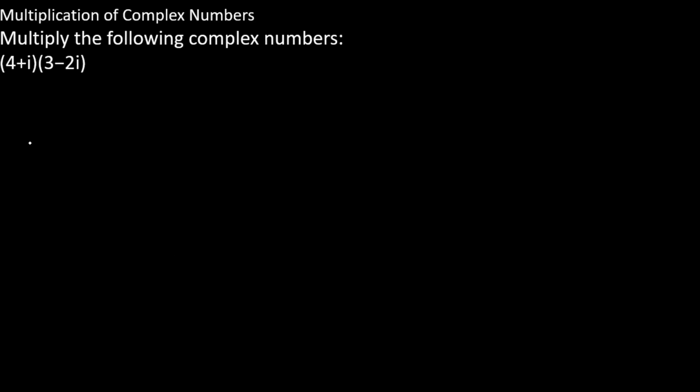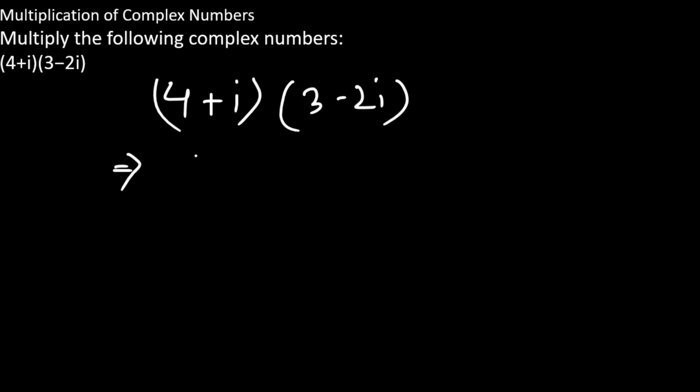Now come to another problem, the multiplication. 4 plus i times 3 minus 2i. Here 4 times 3 equals 12. i times 3 equals 3i.